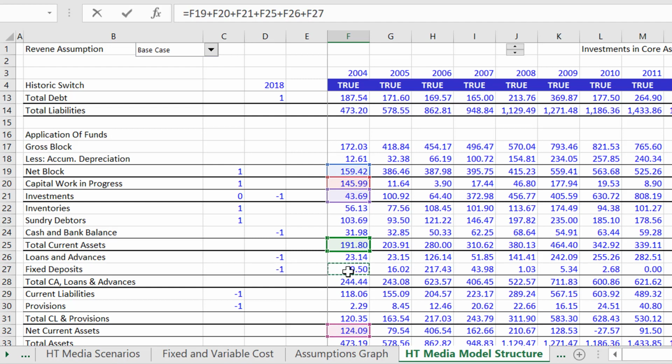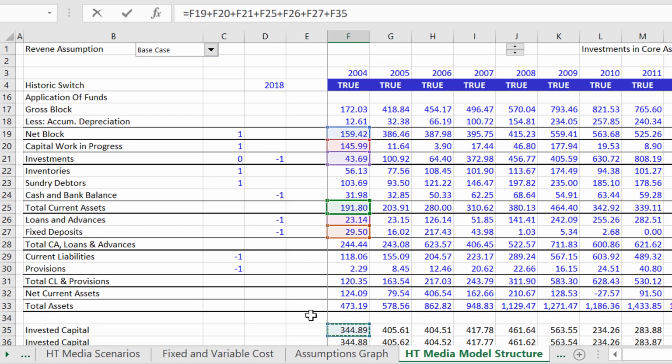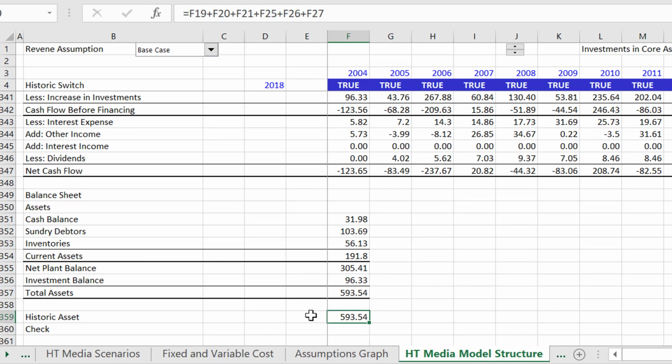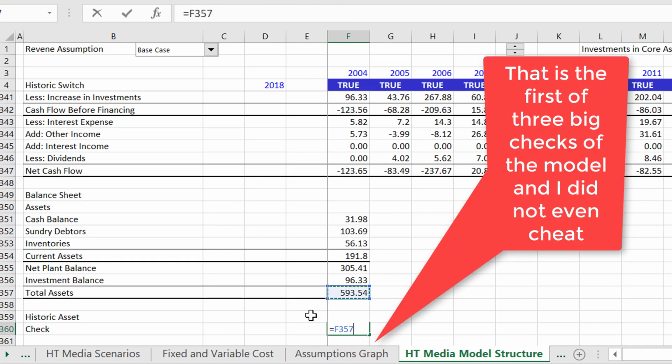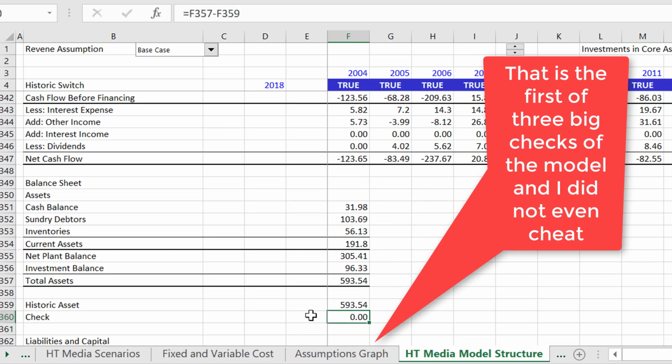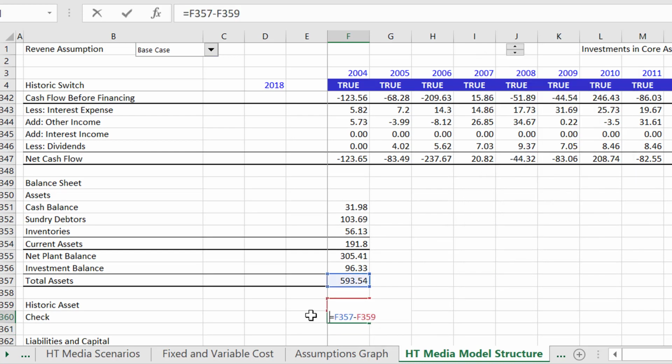F26 plus F27 plus, I hope I can find the cash somewhere. Where was the cash? Oh, it's already in there. Whew. That is kind of good news. Okay. And what we can do is make this a true check, equals 0. Whoa, what an idiot.